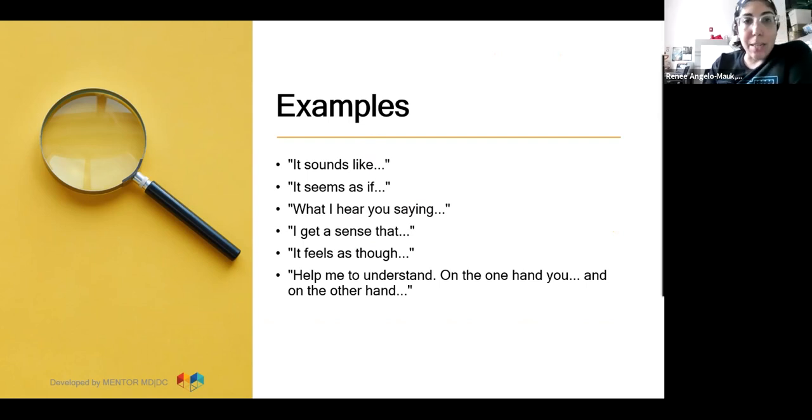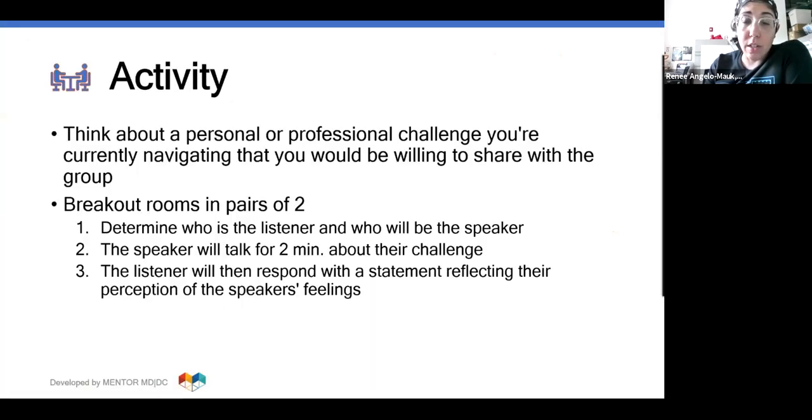It sounds like, it seems as if, it feels as though, and it also goes hand in hand with an actual activity for them to practice this, which is another thing that is really important for these trainings, to give them the opportunity to practice before they're interacting with youth. So for this, break people into groups, let somebody talk for 2 whole minutes, and then reflect back using reflective listening.